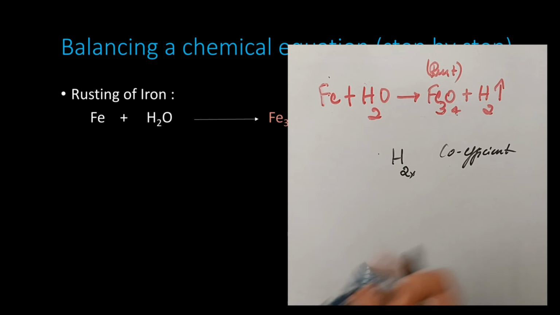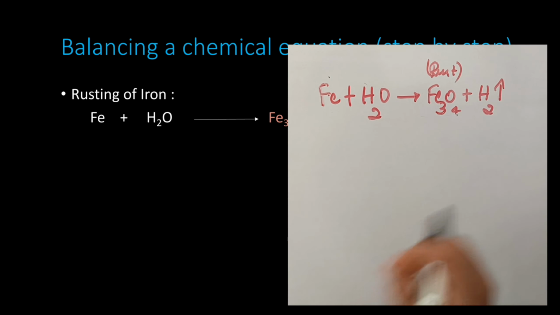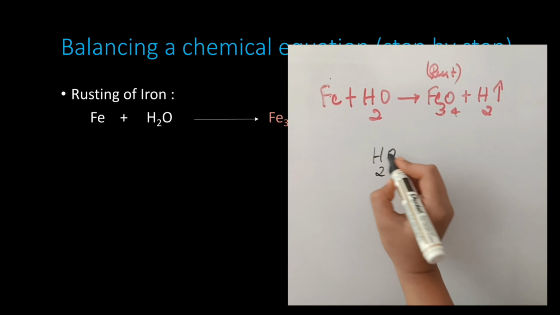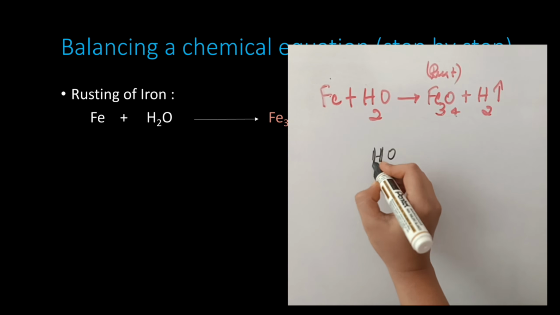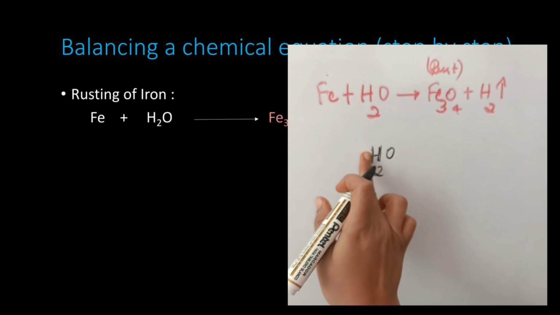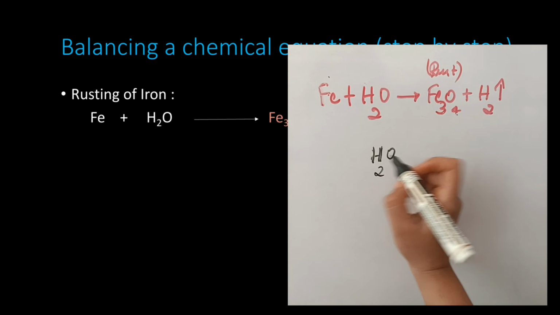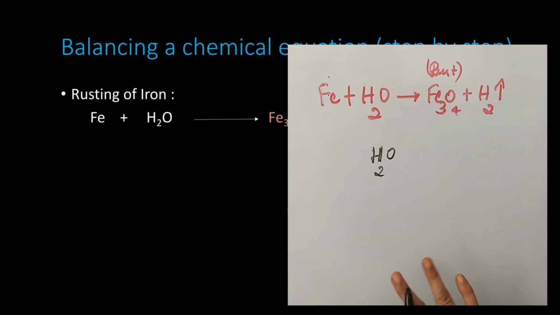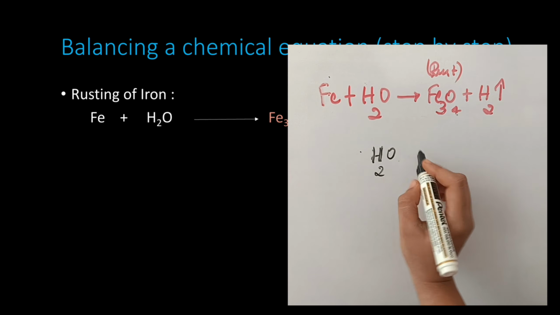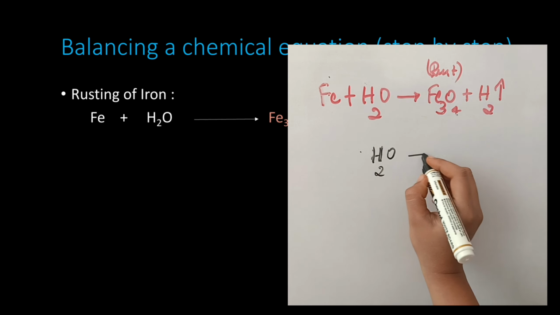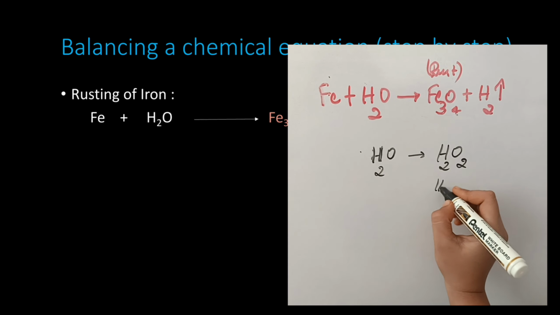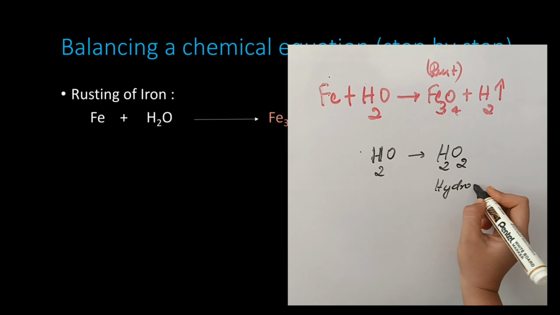Okay. Why? I'll tell you. Take for example H2O, right? You want to balance the number of oxygen. Imagine you want to add 2 oxygen atoms. If you add oxygen atoms here, it becomes what? H2O2, which is your hydrogen peroxide.